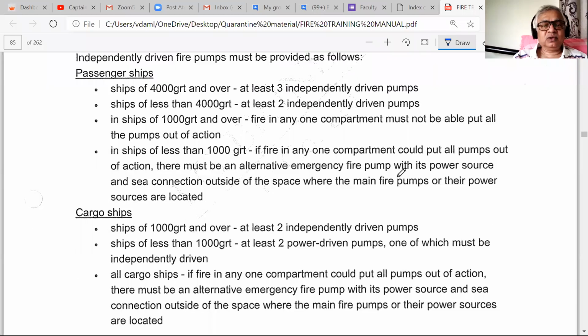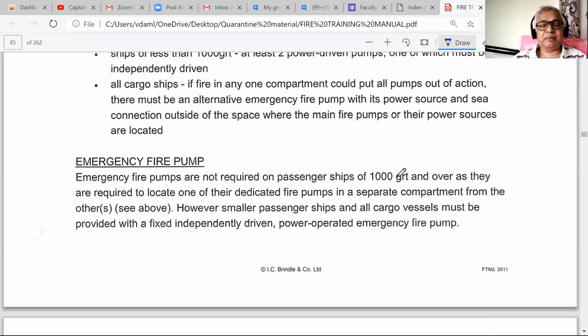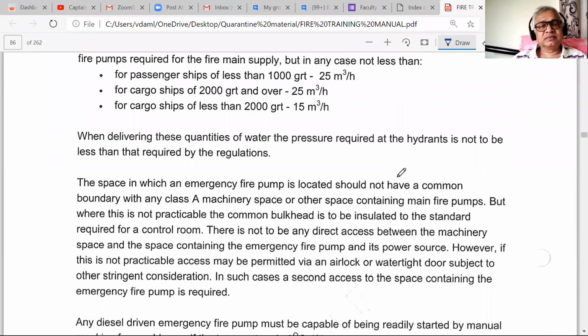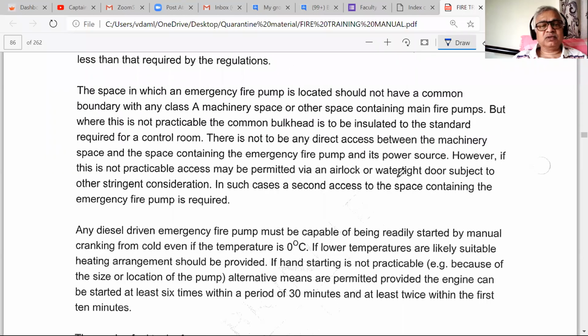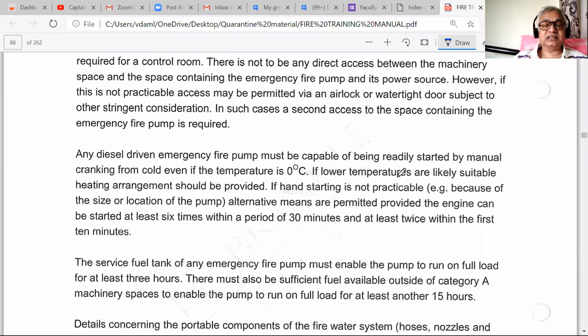Then we also did the typical pumps, the fire pumps, fire lines, and a diesel-driven emergency fire pump. There are a couple of requirements. The emergency fire pump is never located in machinery space under any circumstances. Any diesel driven pump must start at 0 degrees Celsius.